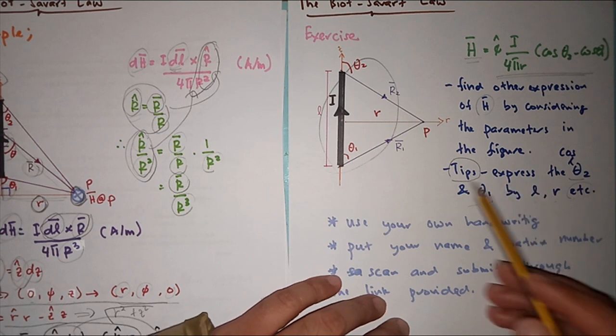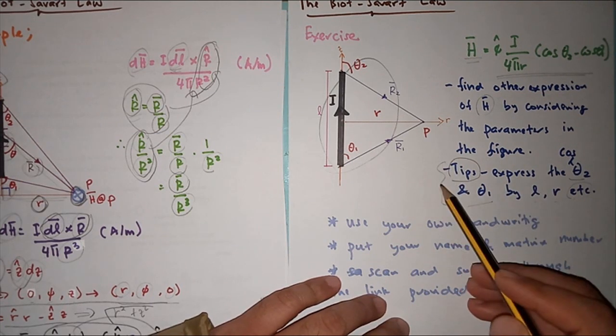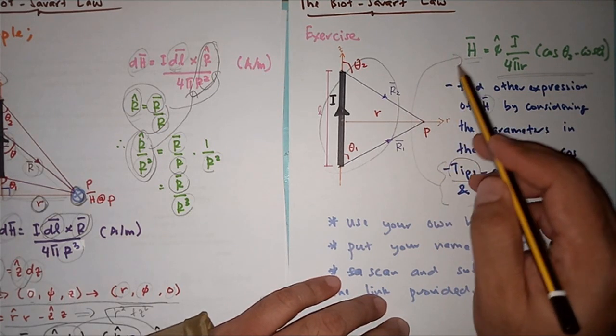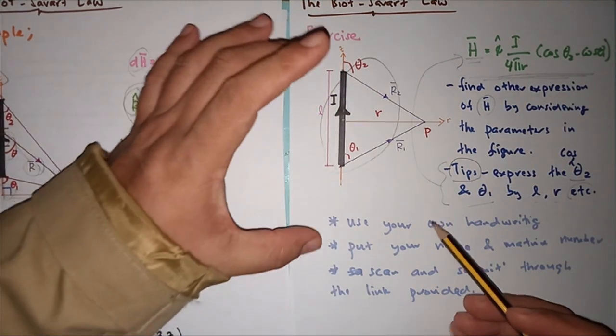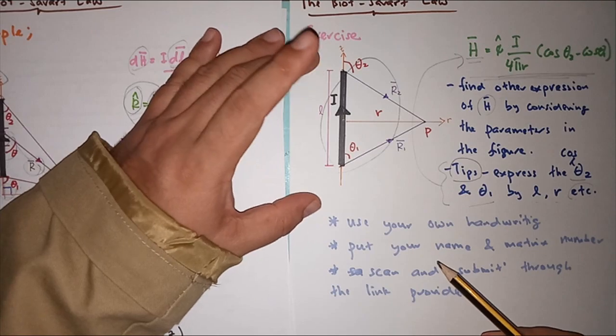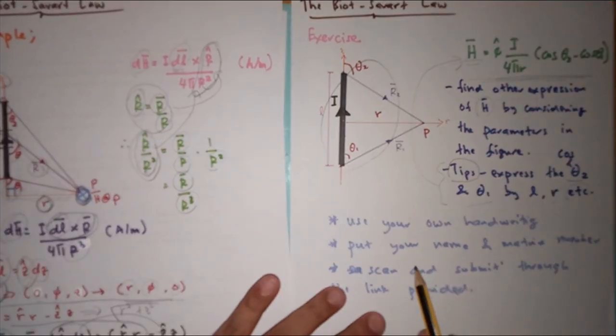Then, you just put them back inside this expression to get another expression that directly represents the physical setting that we have here.